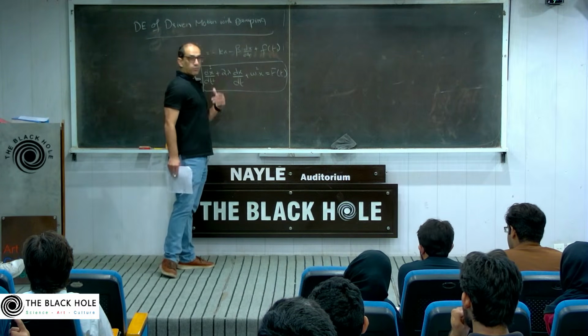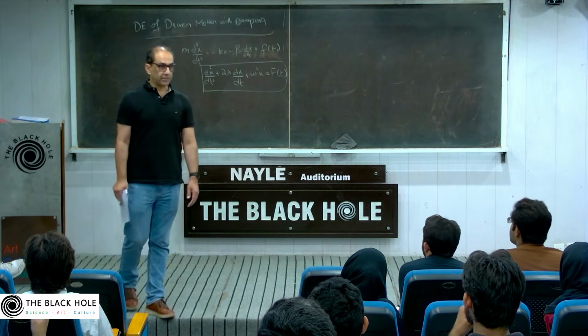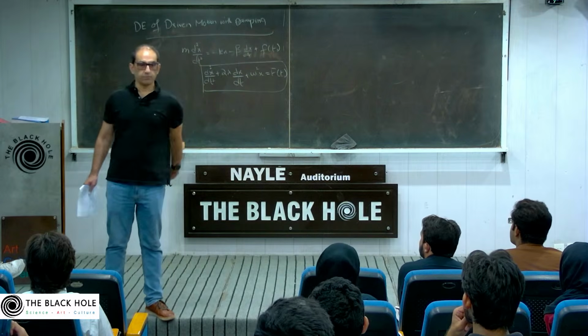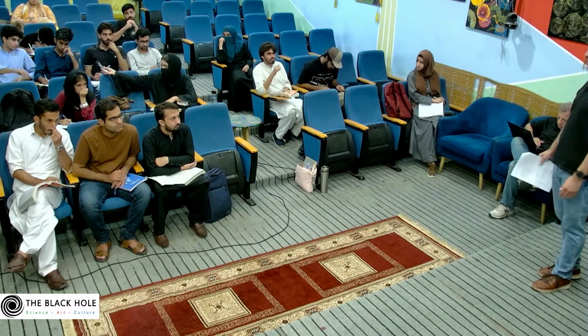So the simplest form from here would be what? Saptan, please tell. Give him the mic. The simplest possible thing that you can get as a limiting case from here. Sir, I'm not quite sure.